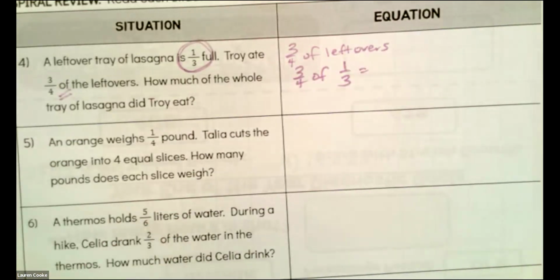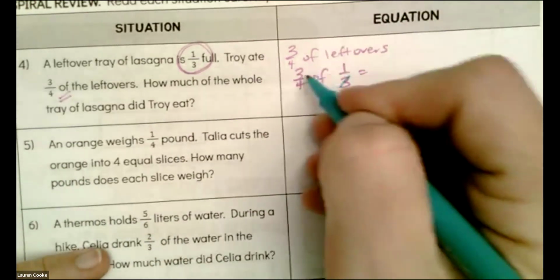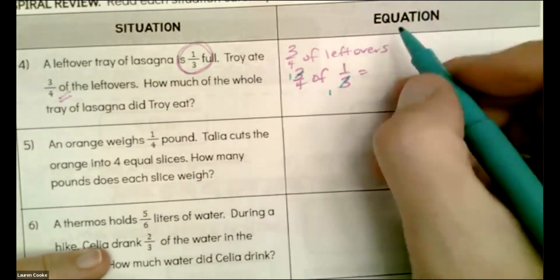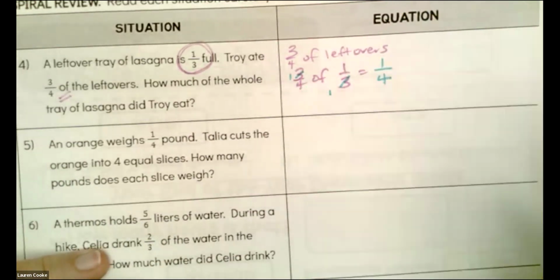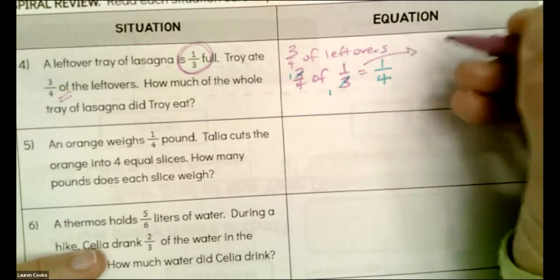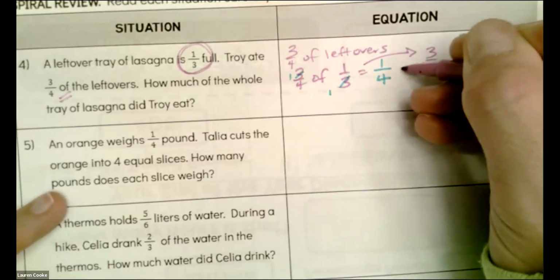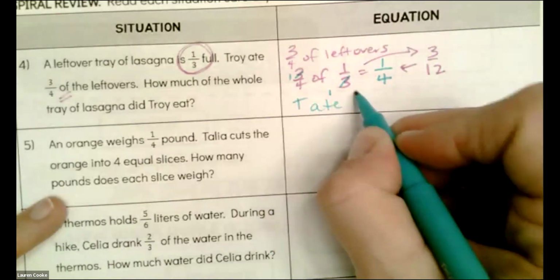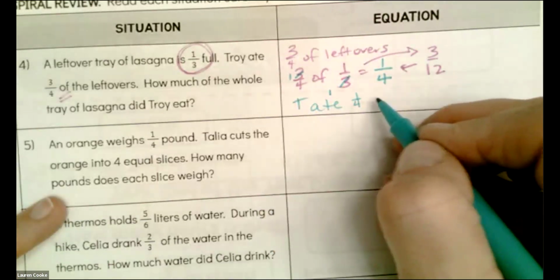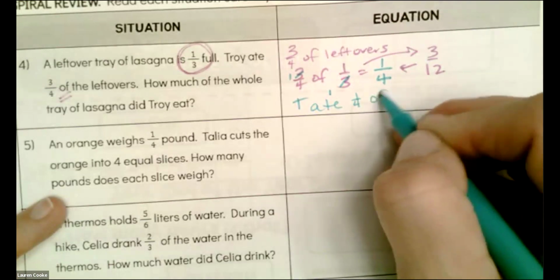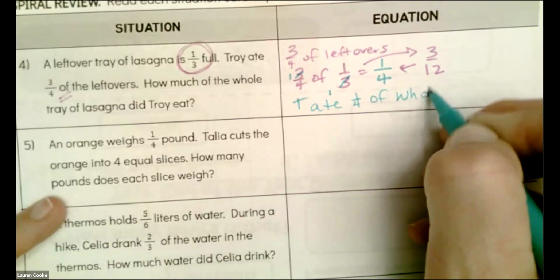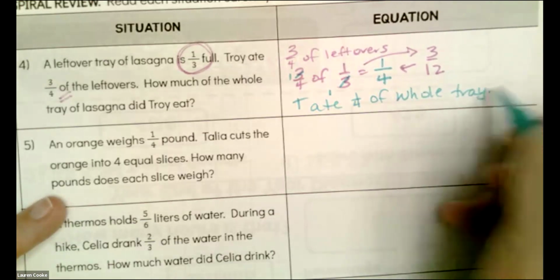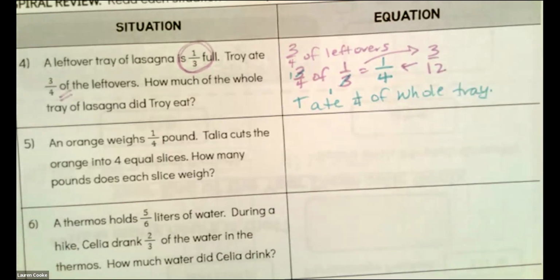So I'm going to find some common factors. It's a little bit advanced, but I think you could handle it. But if we didn't do that, we would have gotten 3/12, which is also just 1/4. Troy ate 1/4 of the whole tray.